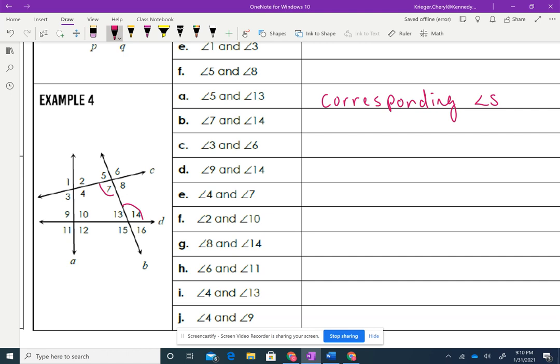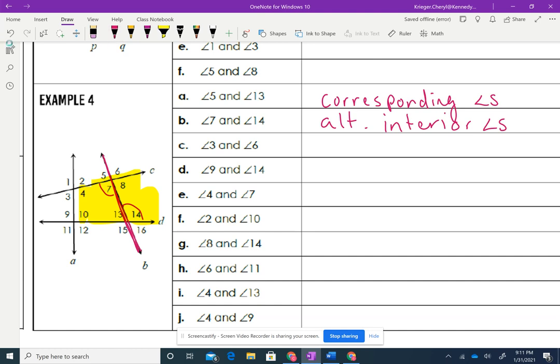Well, where's our transversal? You have to ask yourself. Our transversal is still B, and it's on the interior of C and D. So these angles are alternate interior angles.